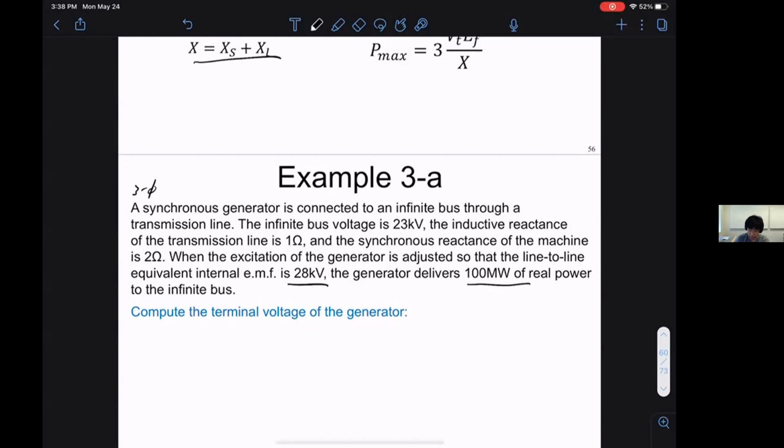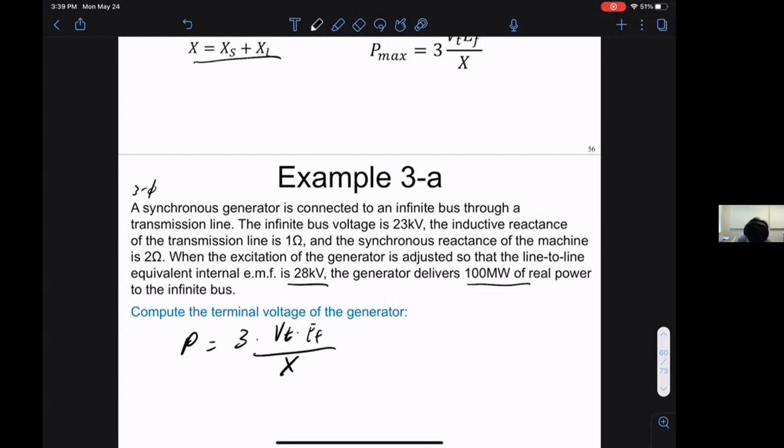We want to figure out, at what angle do you deliver 100 megawatt. So P is equal to 3 times VT times EF, and now instead of just dividing by XS, we need to divide by X, which is the sum of the line reactance and XS.